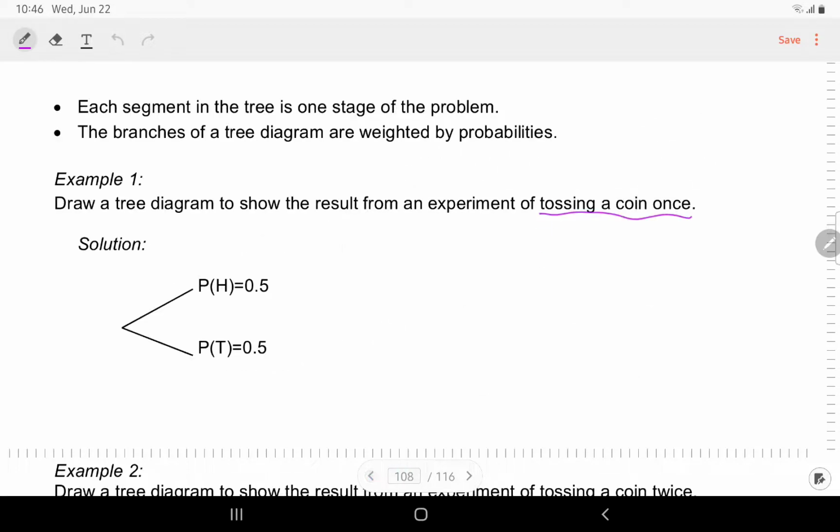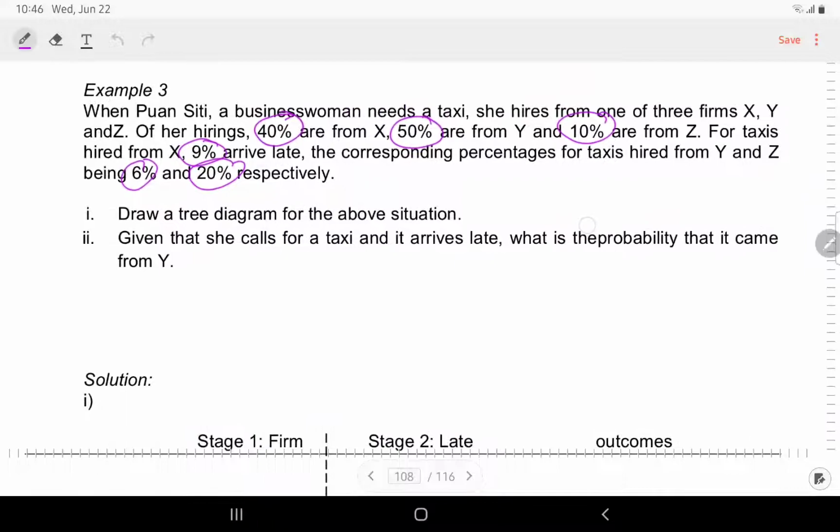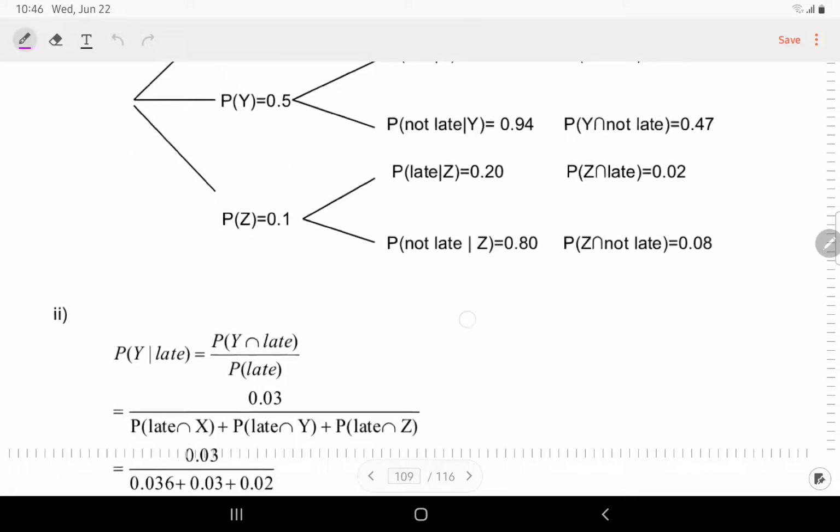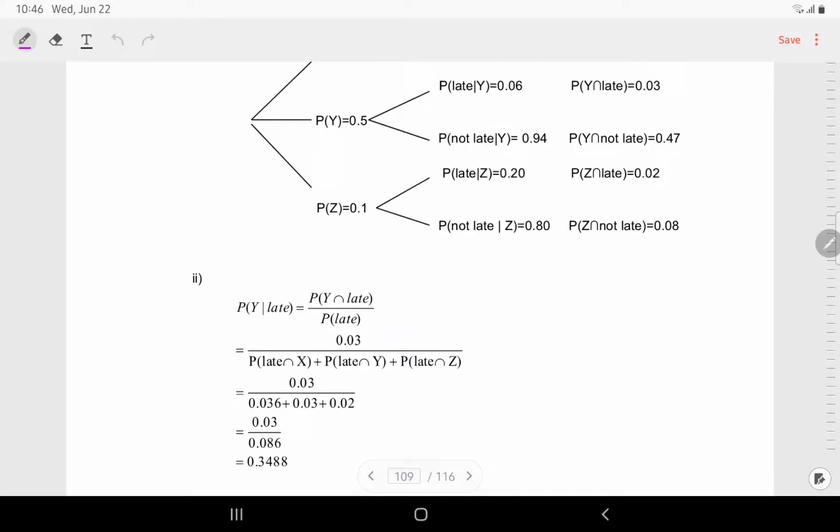Okay, and then second question, tengok balik dekat sini. Dia kata, given that she calls for a taxi and it arrives late, what is the probability that it came from Y? Okay, kita tengok Y saja dekat dalam tree diagram kita. Okay, maksudnya dia nak probability dia from Y yang late.